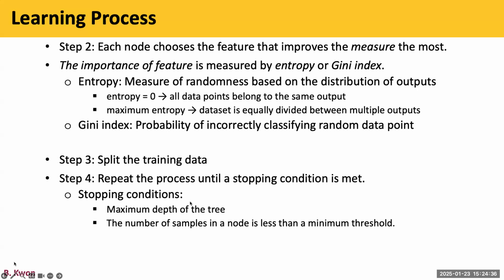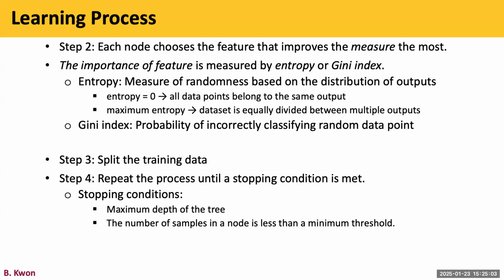Okay, so common stopping conditions are the maximum depth of the tree, which means how many levels of decision nodes should be included in your decision tree model, and how many samples should go into your leaf node if you have a certain number of input data.